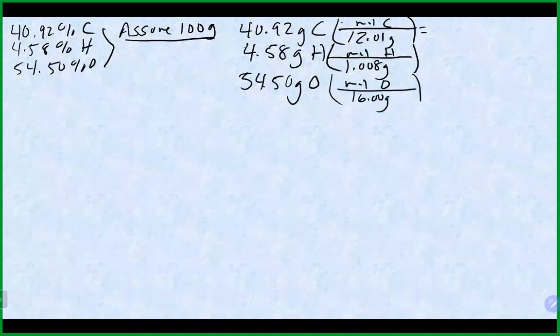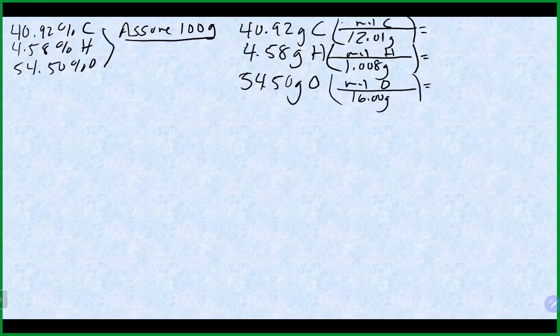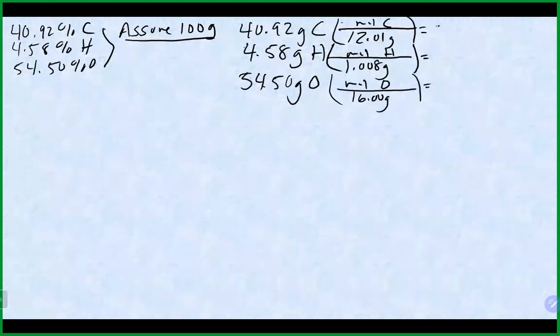So using the molar mass from the periodic table, we're going to convert all these into moles. That gives us 40.92 divided by 12.01, which is 3.4072 moles of carbon.